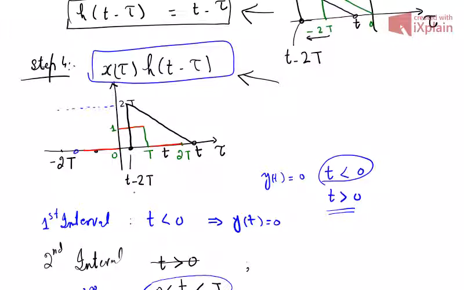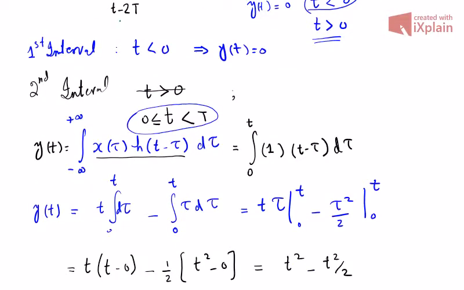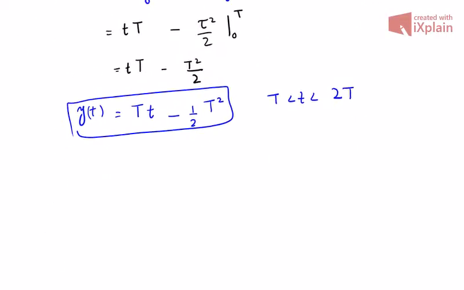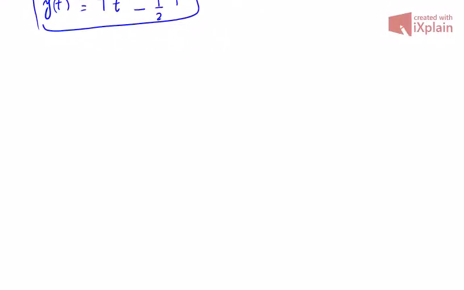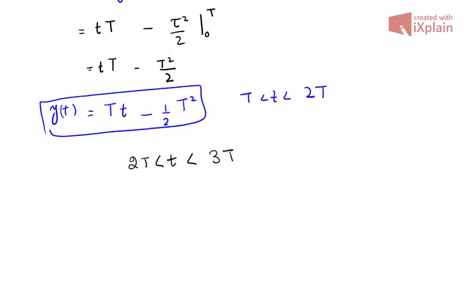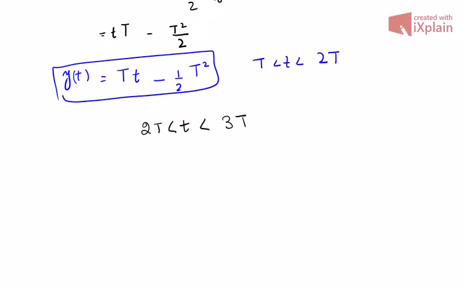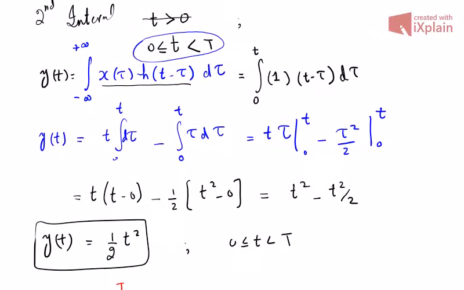So this end would still be somewhere here. We have selected another range, and now we are evaluating for t greater than 2T but less than 3T, so that we have a non-zero product.